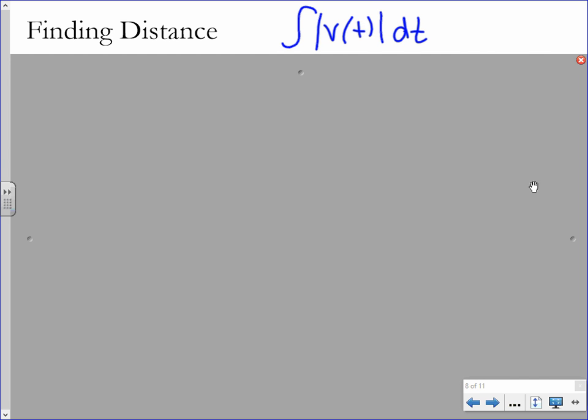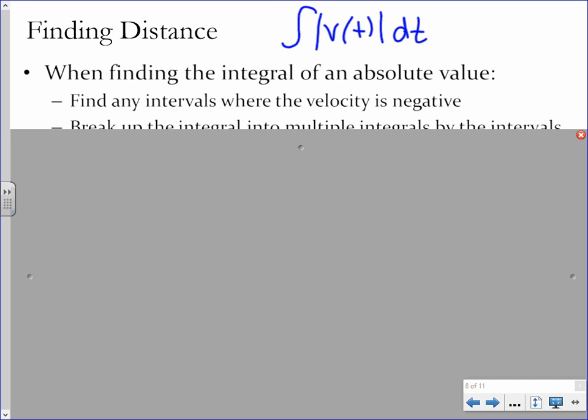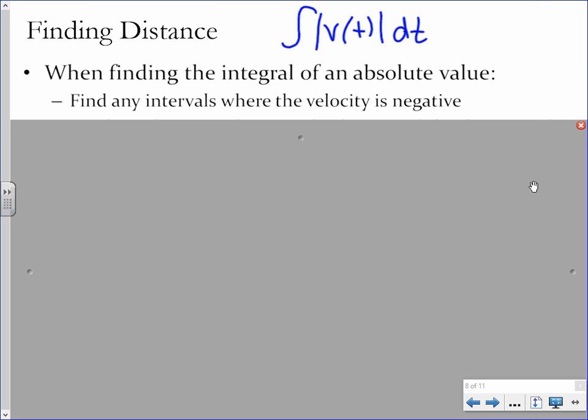Okay, we have to figure out where our velocity is positive and where it is negative, so we know which ones we need to make positive, right? So you're going to have to find where your velocity is zero to identify any intervals where your velocity is negative.